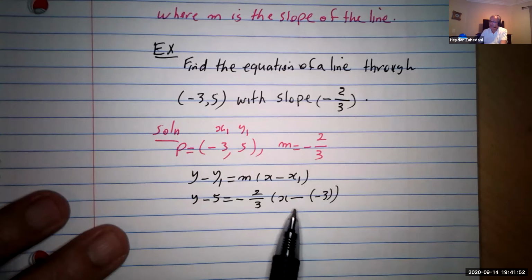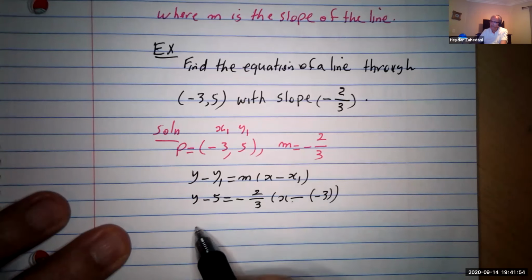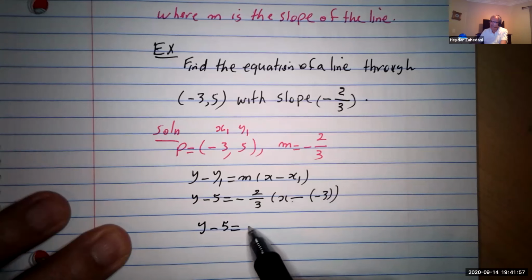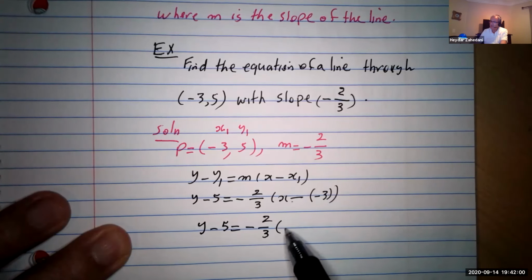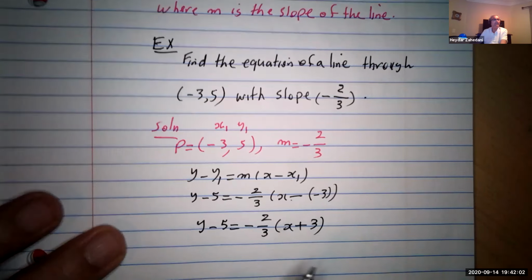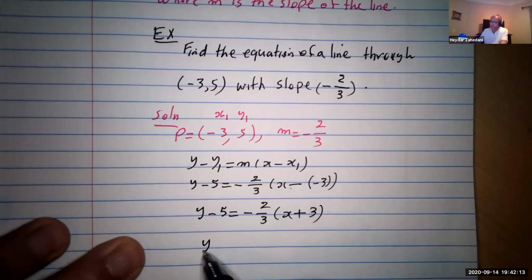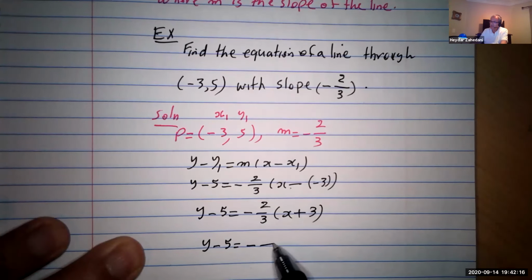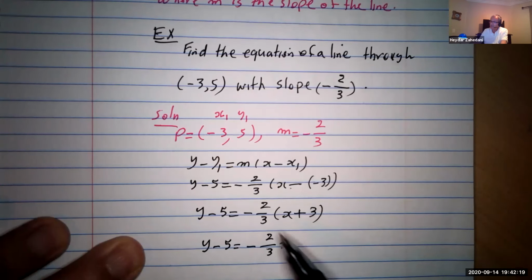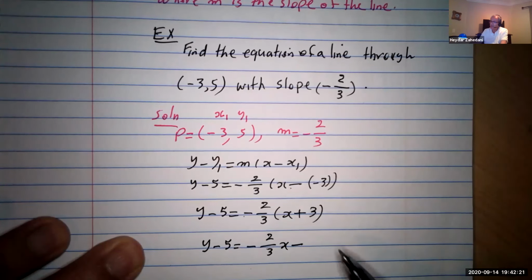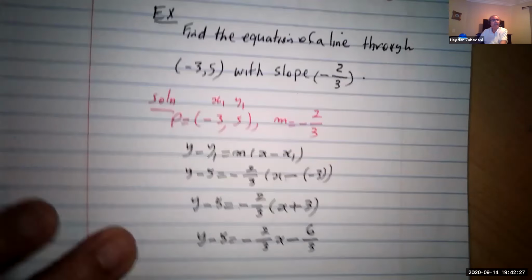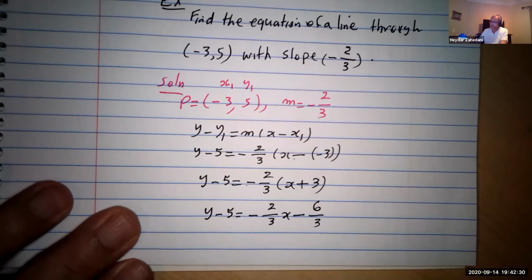You have to simplify. Take care of the double negatives first, so it's y minus 5 equals -2/3 times x plus 3. Multiply the -2/3 inside the parentheses. That gives y minus 5 equals -2/3 x, then negative times positive is negative, 3 times 2 is 6, giving 6/3, which you can simplify.